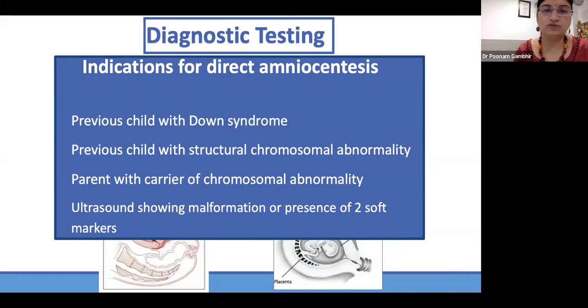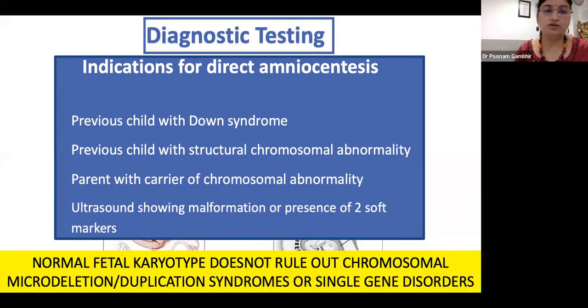We can offer such families the direct amniocentesis when we have a couple with a previous child with known Down syndrome, a previous child with a structural chromosomal abnormality, a parent who is a carrier of a chromosomal abnormality, or ultrasound showing malformation or presence of two soft markers. These are a few such indications in which there is no role of a screening test, and we should offer straight away the confirmatory testing.